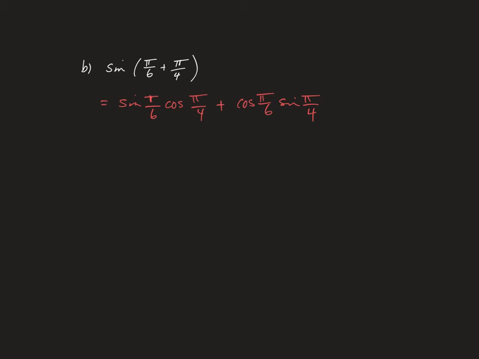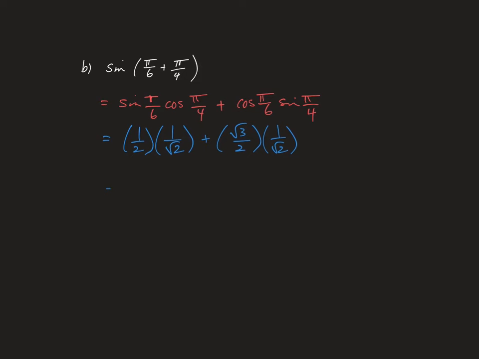The sine of pi by 6 is the smallest angle, which means we have the small opposite side. I've got cos of pi by 4. That one's pretty straightforward. Pi by 6 has a small angle, so small opposite side, so it has a large adjacent side. And then the sine of pi by 4.